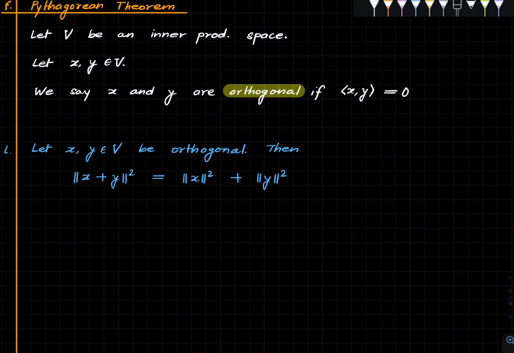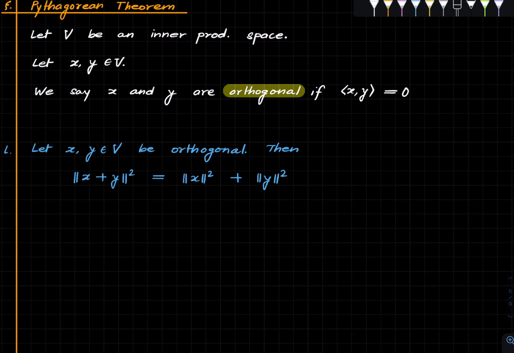And note that here the order is irrelevant, because if this is 0, then this is also 0. This is the complex conjugate of that guy. What I'm trying to say is, if x is orthogonal to y, then y is orthogonal to x. So that's the definition of orthogonality.